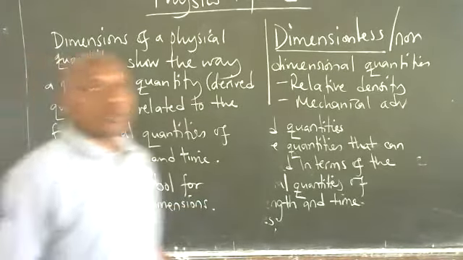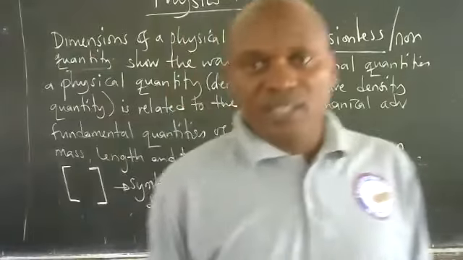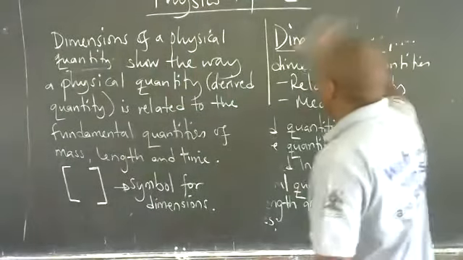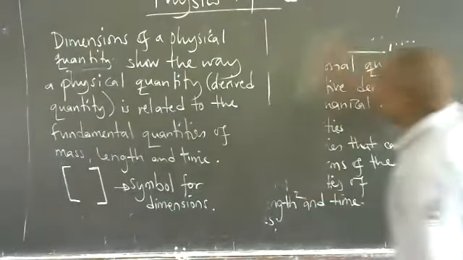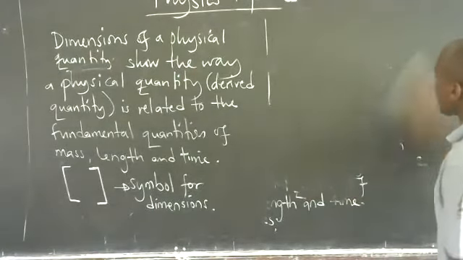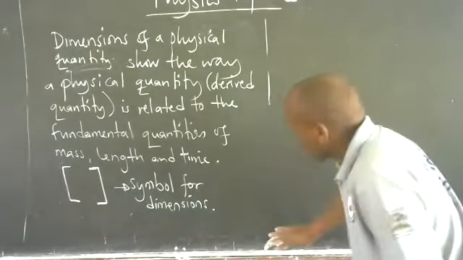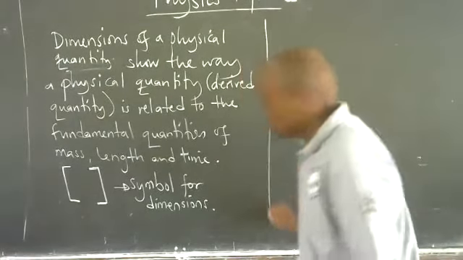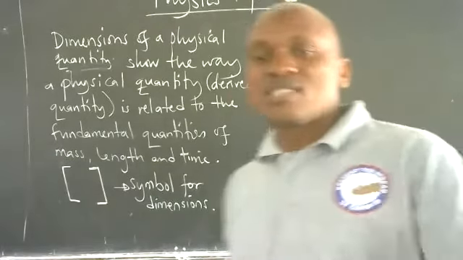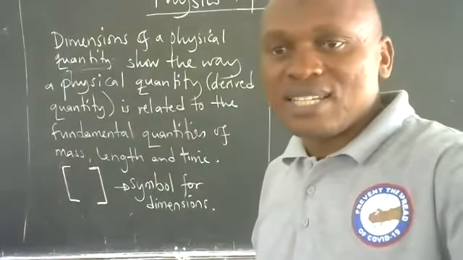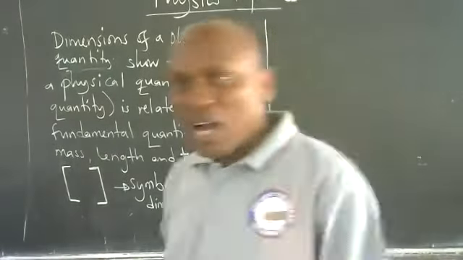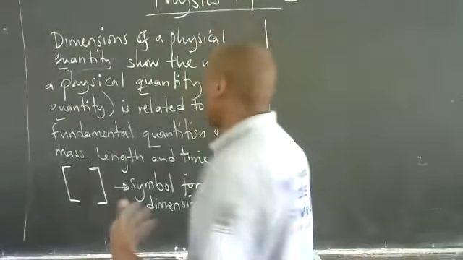So every time you see those brackets in this particular topic, they will be referring to the dimensions. Now we want to get examples, because all the other derived quantities that have units are related to the three fundamental quantities. But how they are related is now our question.